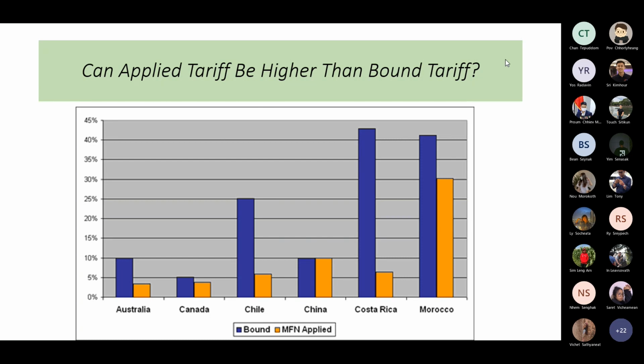You cannot do so. It must be accorded the same treatment immediately. You go back to Article 1 of GATT. I said already it must be accorded the same treatment immediately and unconditionally to all members. Okay, let us move on to the next slide.